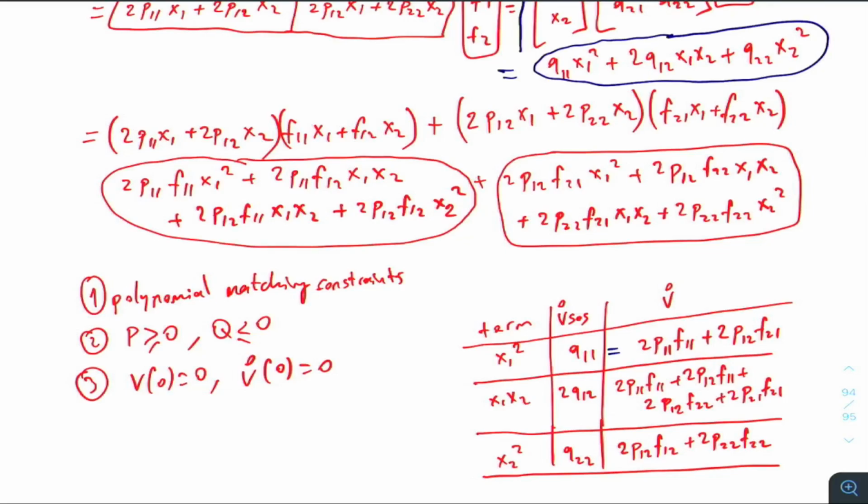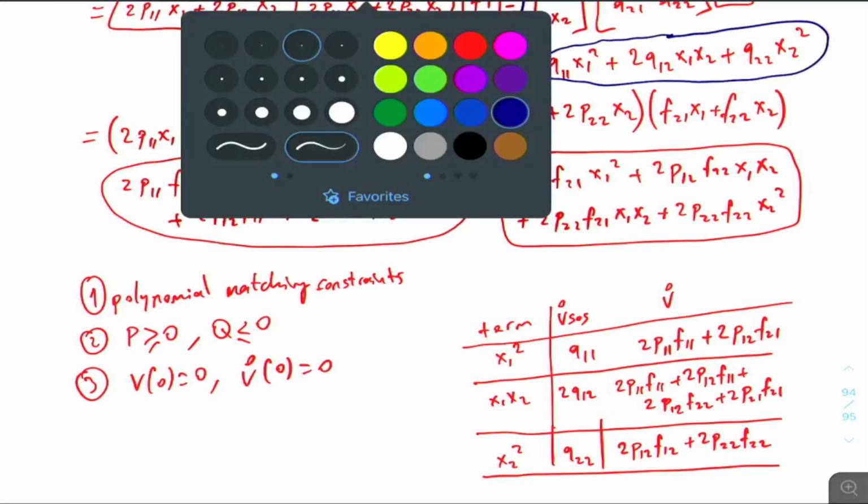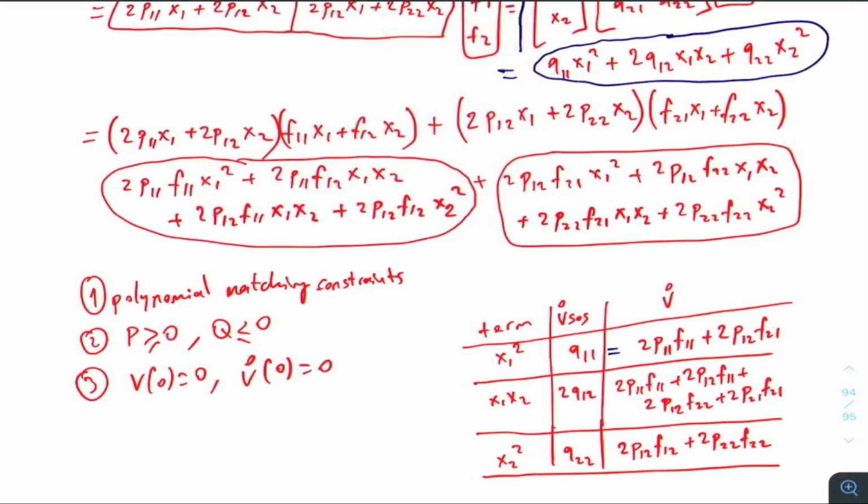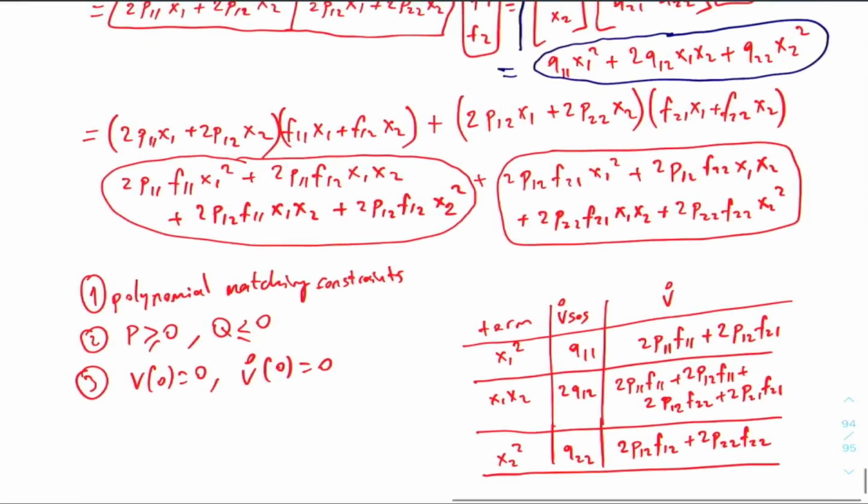And again, remember, for example, let's think of f11 as 3 or something, a number. Using those numbers, we are going to impose linear constraints on our p and q terms. Okay, all right, so let's check x1, x2.